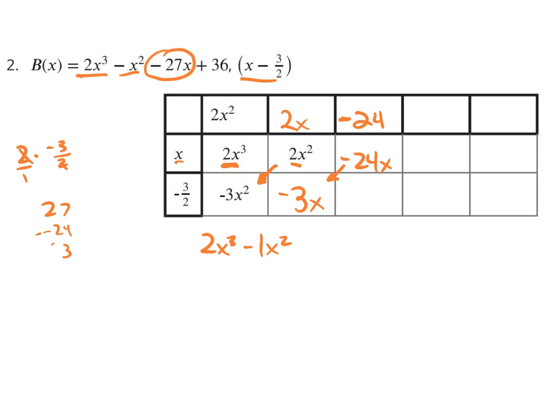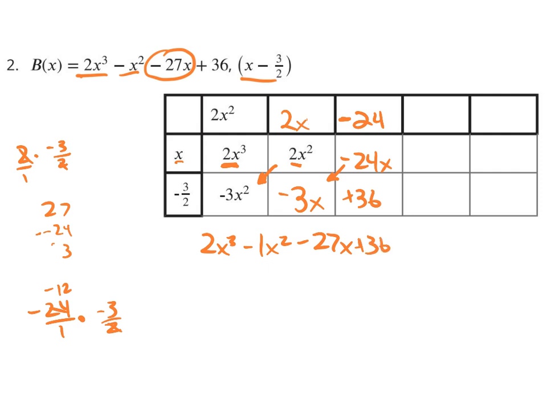You add on the diagonal, giving you negative 27x. Negative 24 times negative 3 over 2. Negative 24 over 1 times negative 3 over 2. The 2's cancel out. 24 divided by 2 is negative 12. Negative 12 times negative 3 is positive 36.